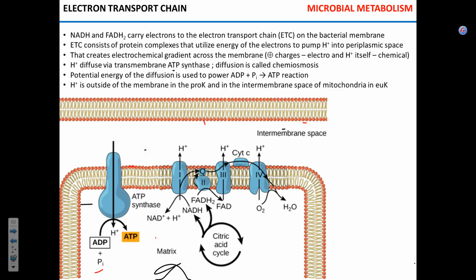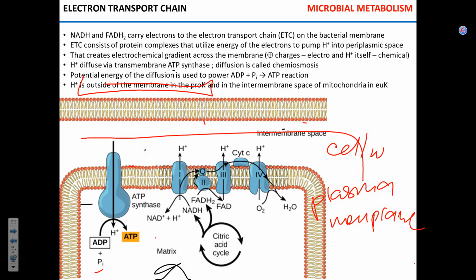This system, the cytochrome system, the respiration system, will be on the plasma membrane in prokaryotes. But protons are going to be pumped in gram-positives between the plasma membrane and the cell wall. Same with gram-negatives, in that little tiny periplasmic space. Does that make sense?